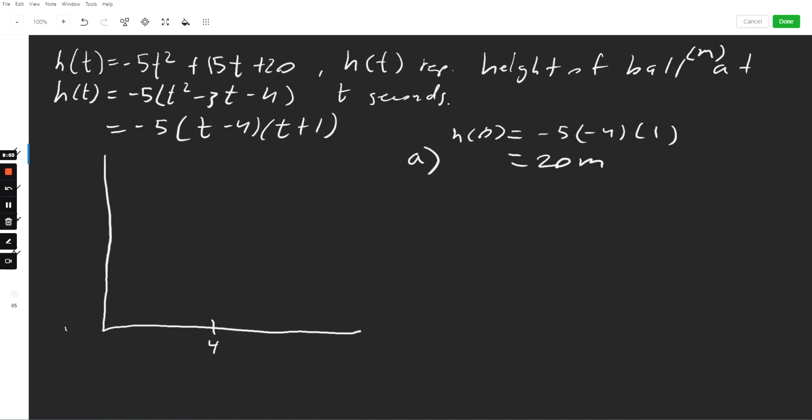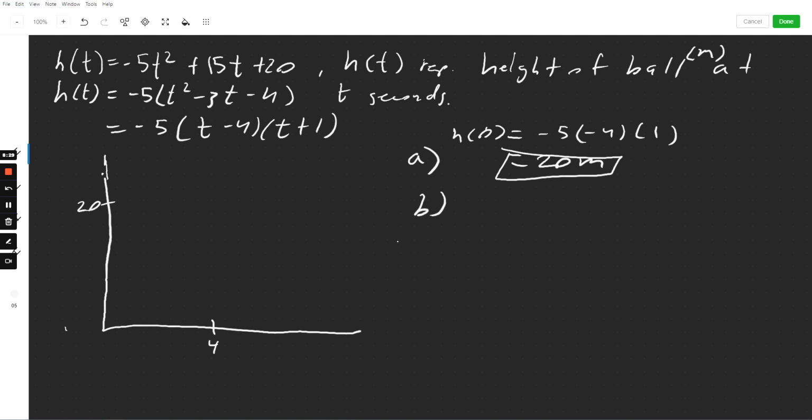So the height of the window is 20 meters. So we can put that here, 20. Now the next question is what is the ball's max height?